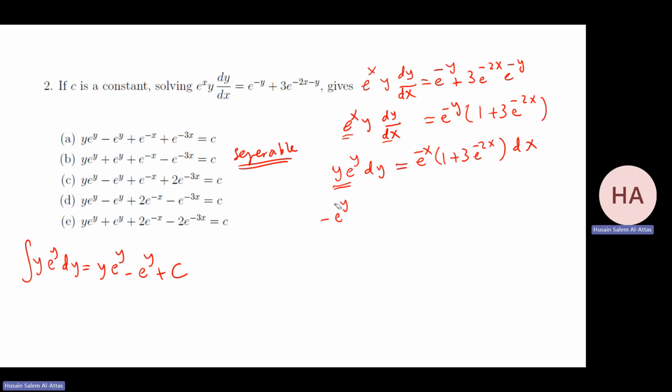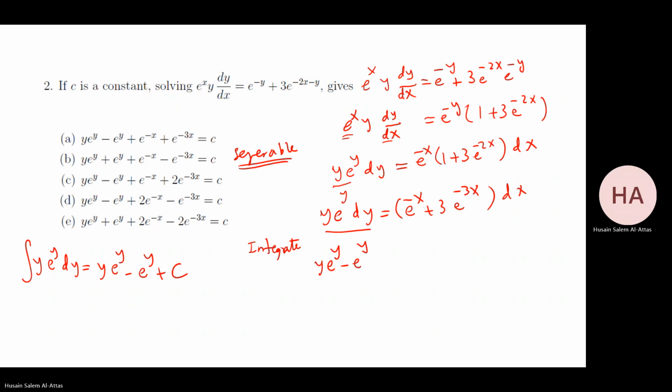Or before that, let me simplify the other one to make it really: y e to the power y dy equals e to the minus x plus 3 e to the minus 3x dx. So you now integrate to get y e to the power y minus e to the power y.